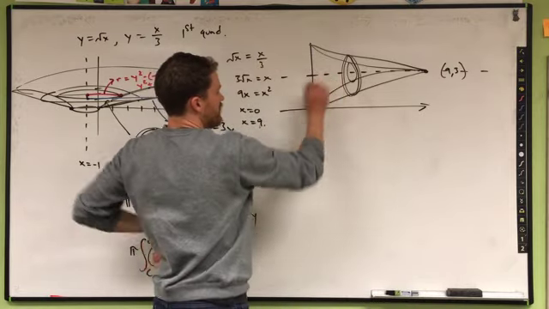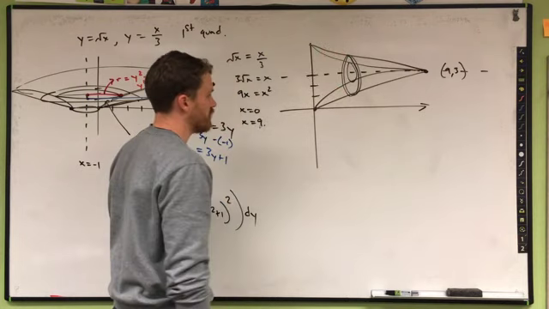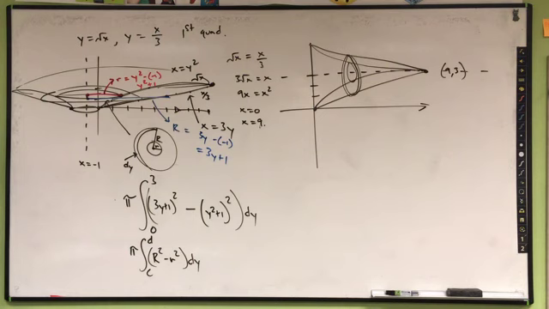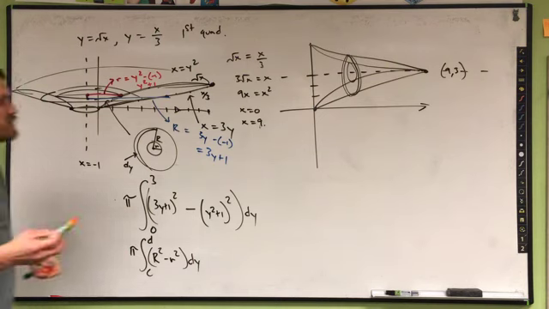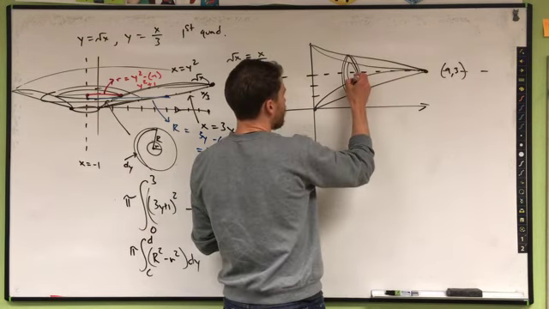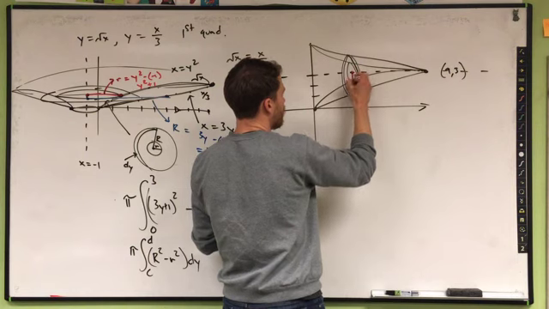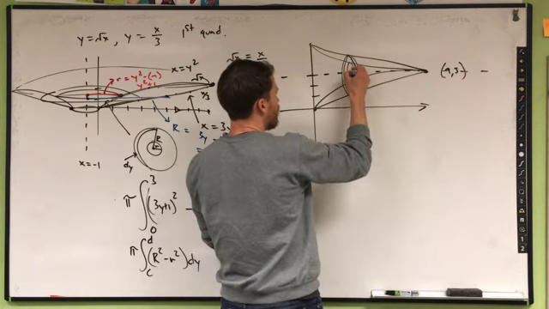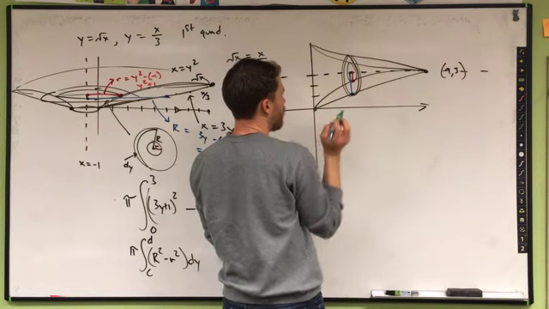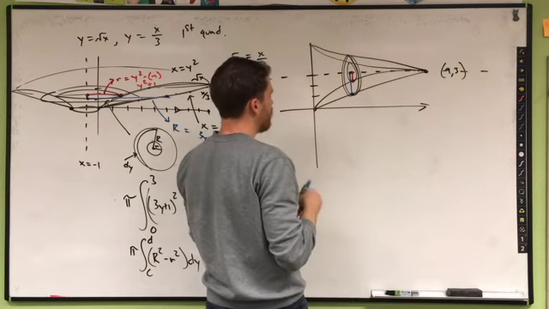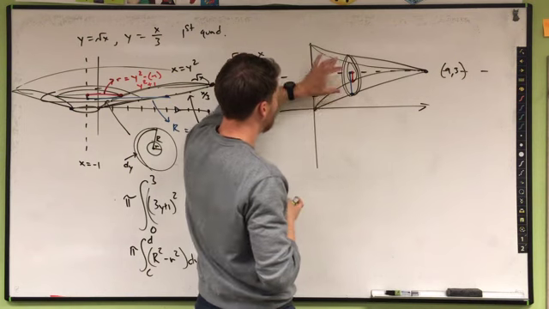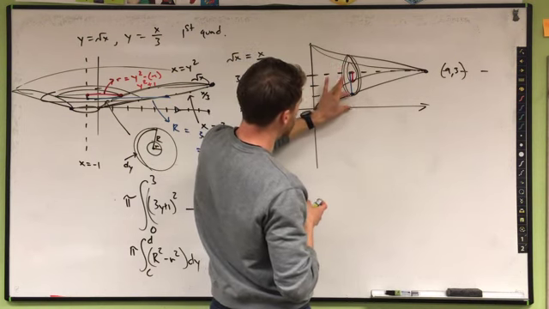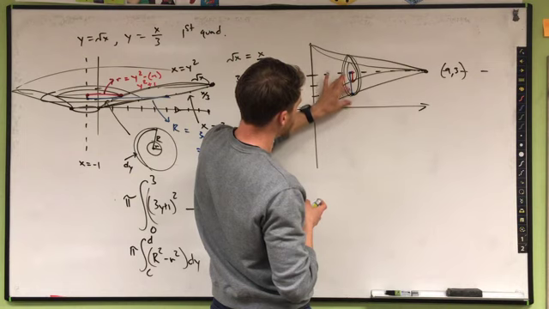But now, fortunately, the width here is a dx, so everything should be in terms of x. So again, we need to find our little radius and our big radius, and then we're pretty much set to go from there. So here's our little radius right there, and our big radius is from here down to here. Okay, so big radius is the line 3 minus that function value, right?